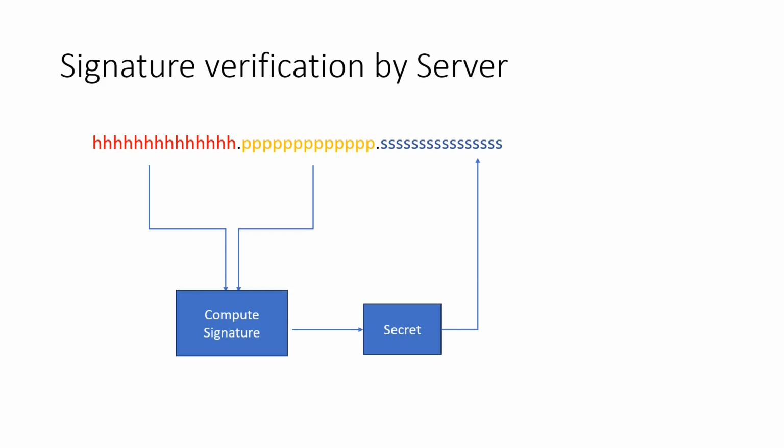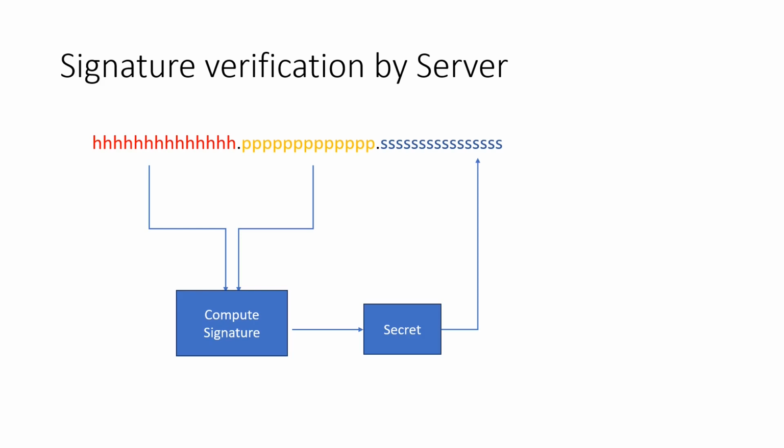If both match, it means that the JWT token sent by the client is valid. Otherwise, it was tampered with somehow, so reject the request. So now I think it is clear how JWT tokens are exchanged and how the server verifies the signature.